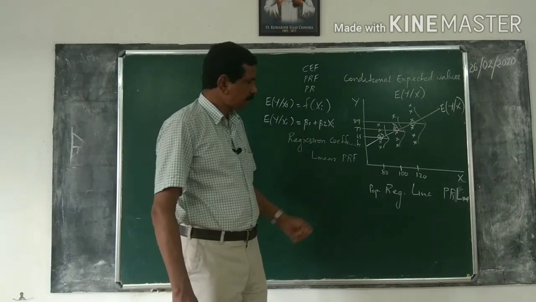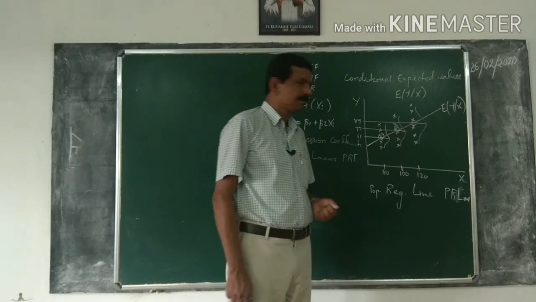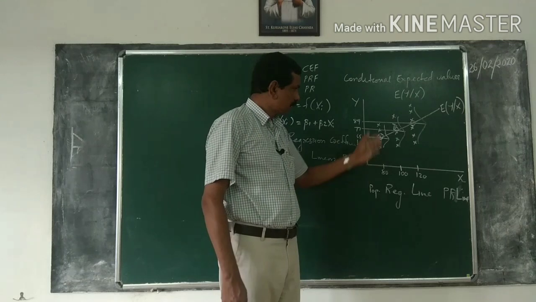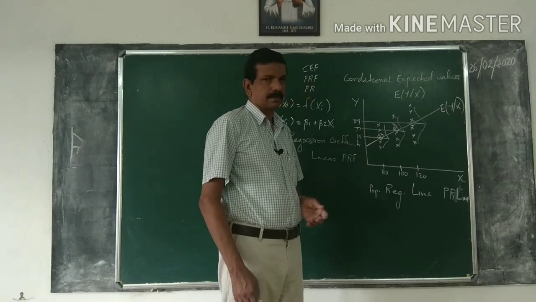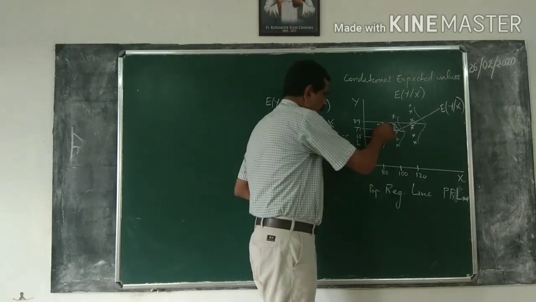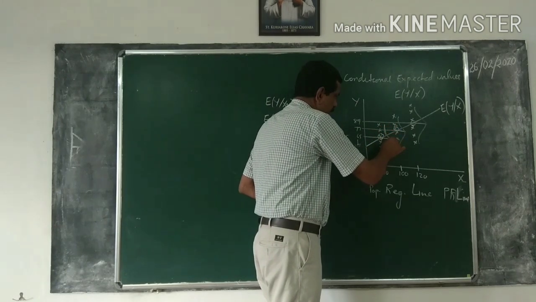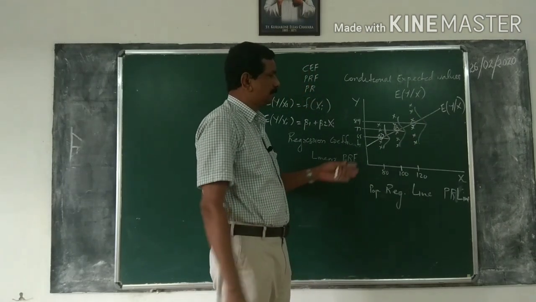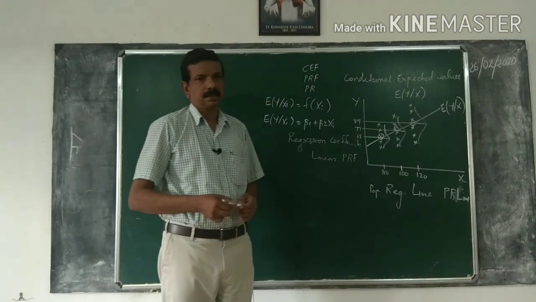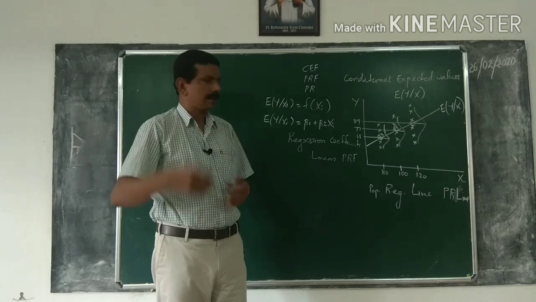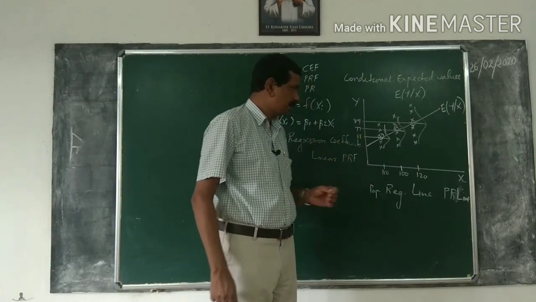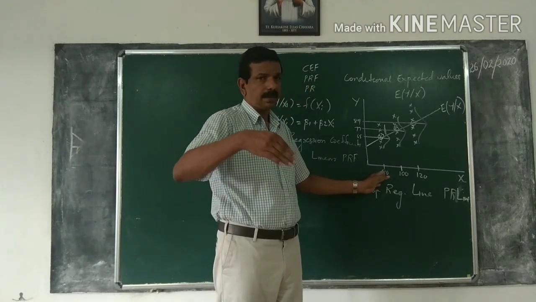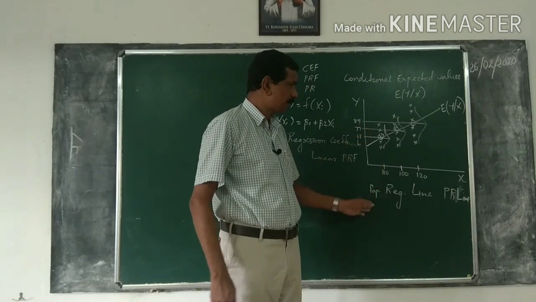And as I told you, corresponding to each level of x, there is a distribution for y. For the time being, you need not worry about the shape of the distribution. That we will discuss in detail in a later class. For the time being, just think that corresponding to each x, we have a large number of y values.